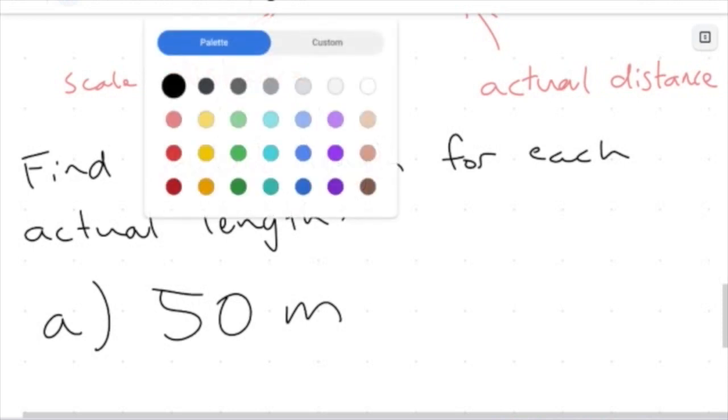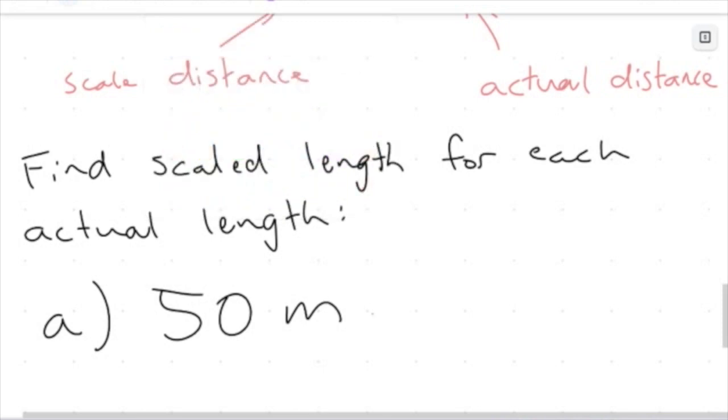So to get from the actual distance to the scale distance, if it's 500 times more, I can find the scale distance by dividing by 500. I'm going the other way now. So instead of multiplying by 500, I'm going to be dividing by 500, which hopefully should make sense because the actual distance is always going to be something larger than the scale distance. That's what the ratio tells us.